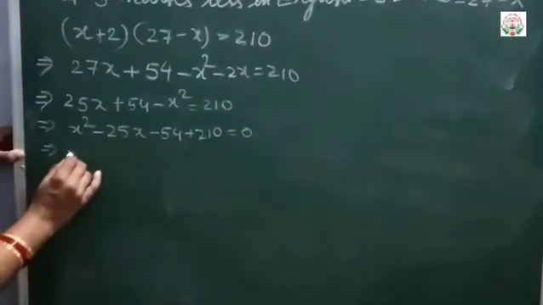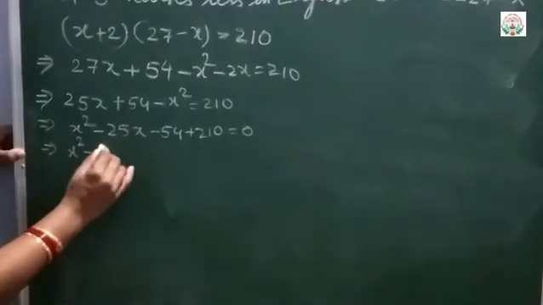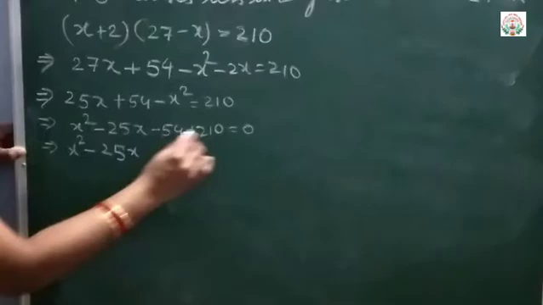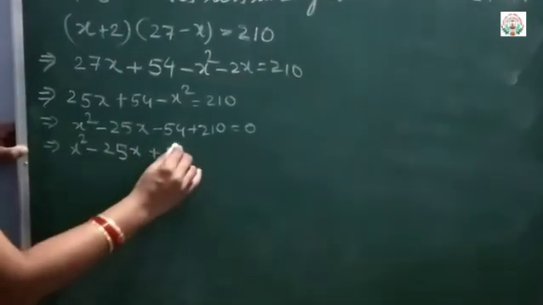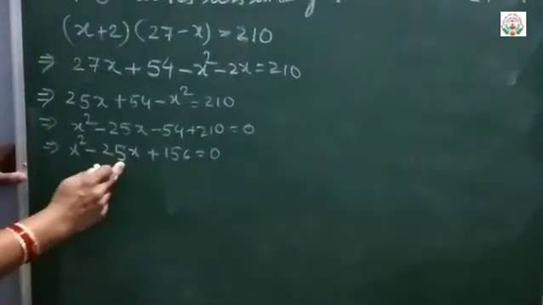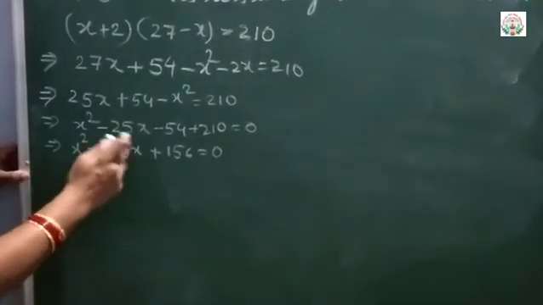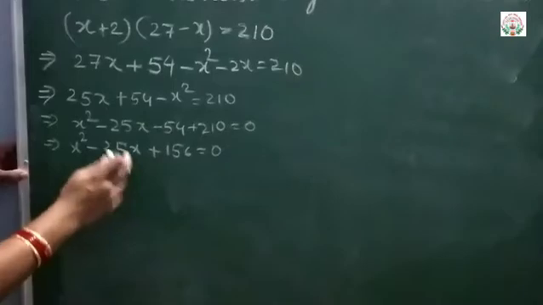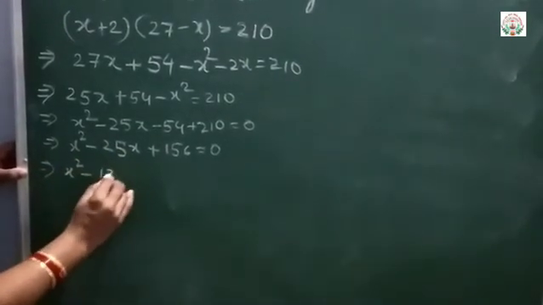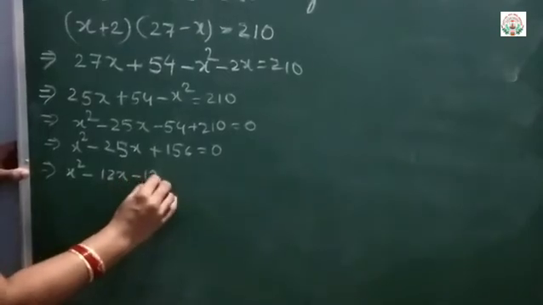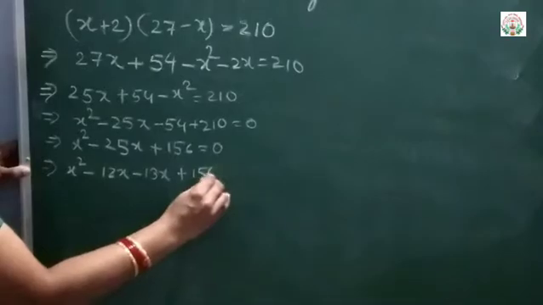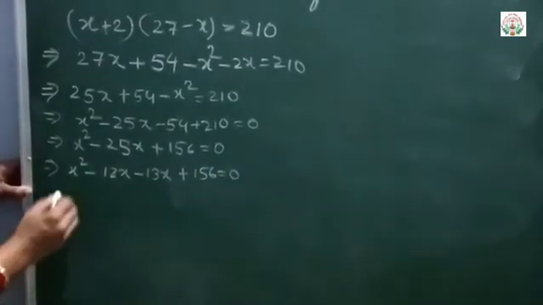So now it implies x square minus 25x. Now on subtraction, how much you'll get? Plus 156 equals 0. Okay. So now on simplification, splitting the middle term, what you'll get? That is x square minus 12x minus 13x plus 156 equals 0.